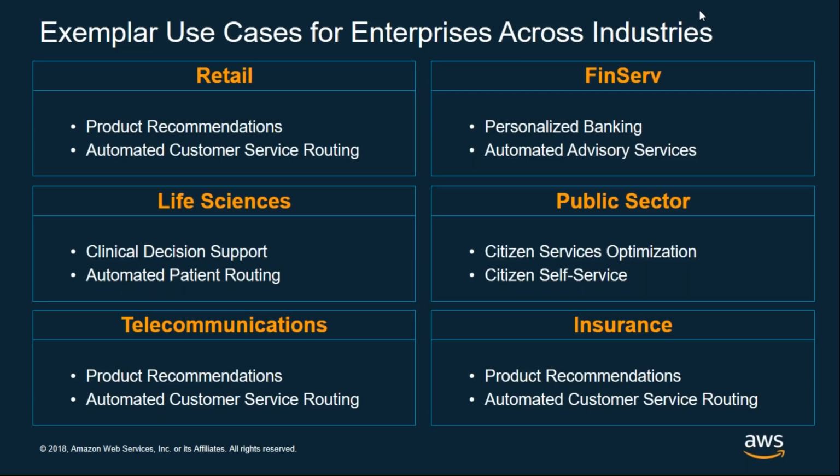And then in financial services, many of our customers within FinServe are trying to create personalized banking applications from these models, and also provide things such as automated advisory services. And within the public sector, many government agencies are trying to become much more self-service by using trained data sets to better serve and optimize the processes that they provide to their citizens.